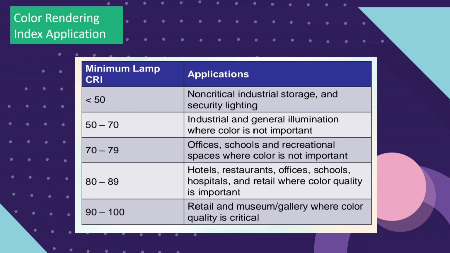Less than 50 CRI is for non-critical industrial storage and security lighting. 50 to 70 CRI is for industrial and general illumination where color is not important. 50 to 79 CRI is for offices, schools, and recreational spaces where color is not important. 80 to 89 CRI is for hotels, restaurants, offices, schools, hospitals, and retail where color quality is important.